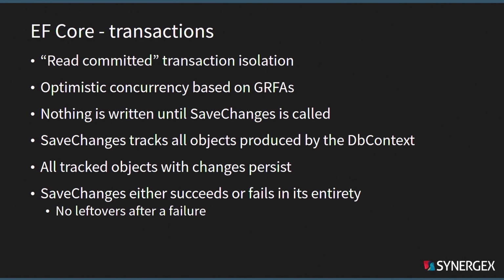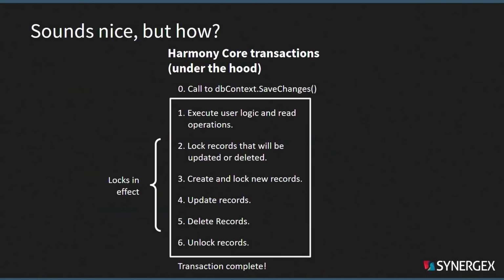And so it knows all of the things that you did in your transaction. It keeps track of those, and anything that got actually changed in that transaction gets persisted to disk. And if something fails, obviously nothing gets persisted to disk. So that's all tracked by the DB context internally in your code. So no leftovers after something fails.